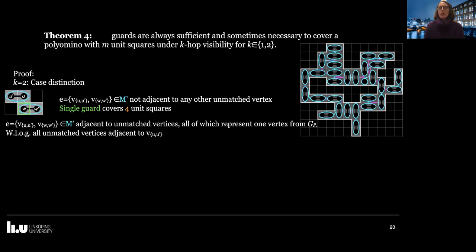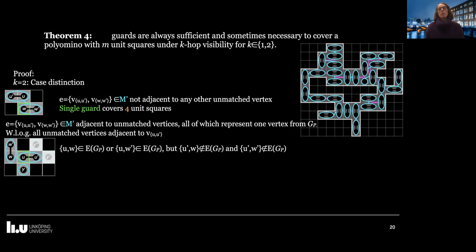Now let's say we still have both of them representing an edge, but they are adjacent to unmatched vertices, but all these unmatched vertices represent a single vertex from the dual grid graph. And let's assume that without loss of generality, all these unmatched vertices are adjacent to V U prime, the vertex that represents the vertices U and U prime in the original grid graph.